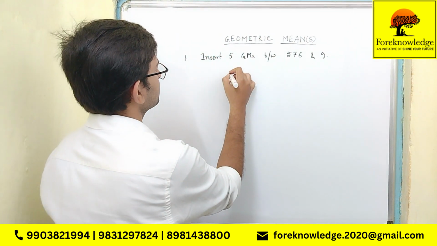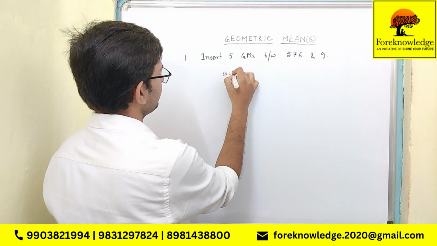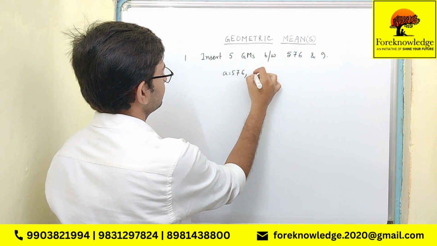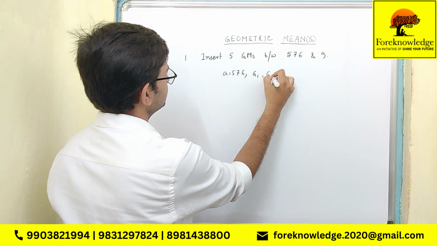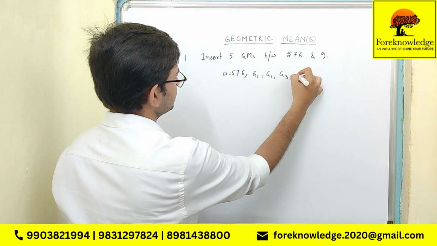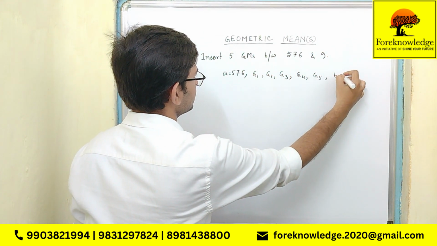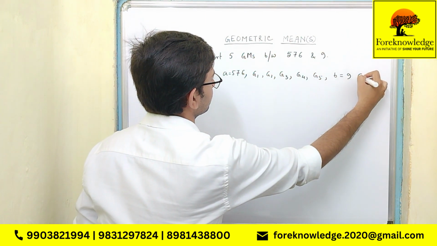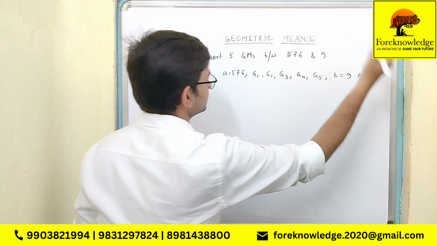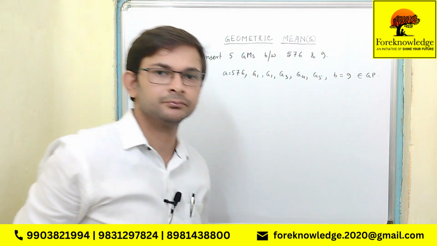The first term is 576, then G1, G2, G3, G4, G5 and lastly b equals 9. Together they form a GP.